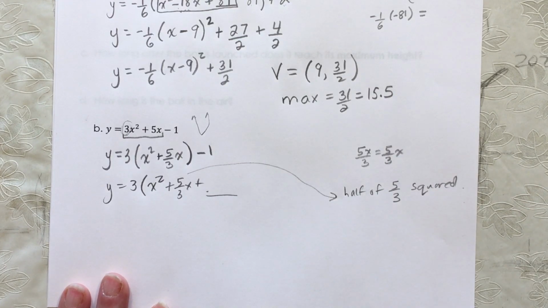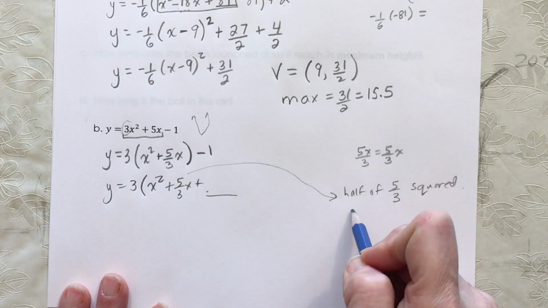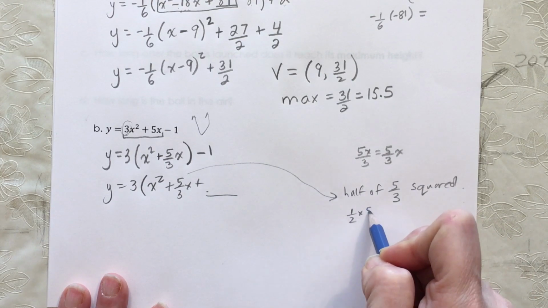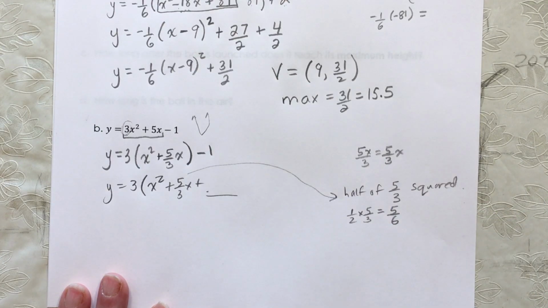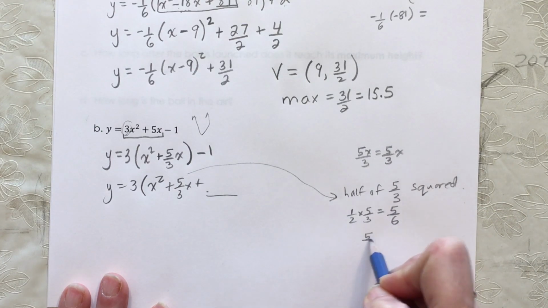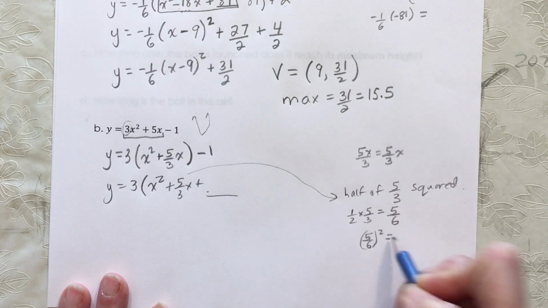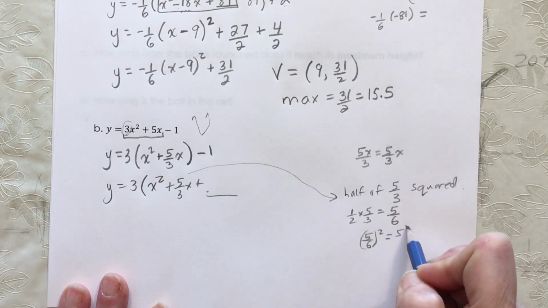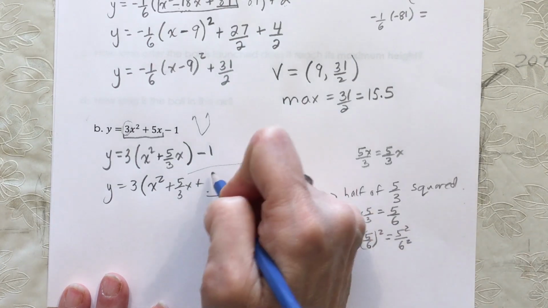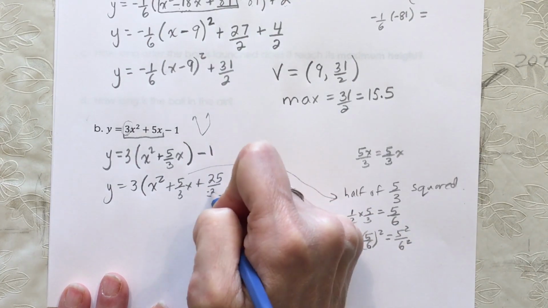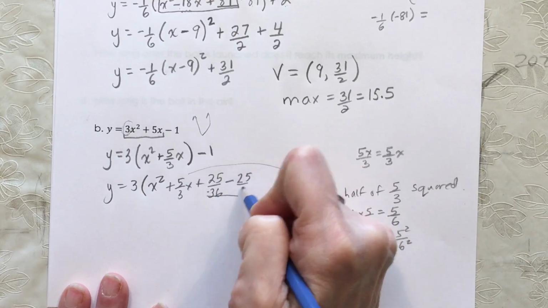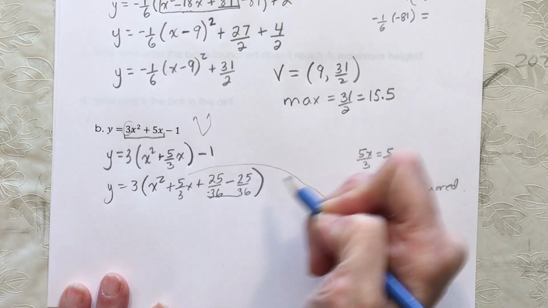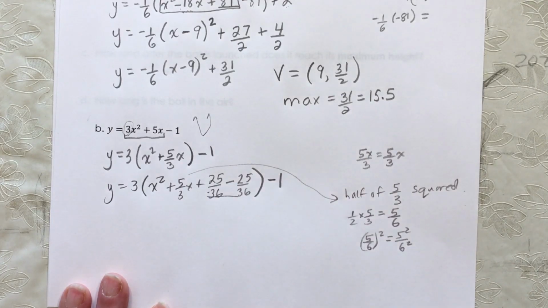Half of 5/3, you could do 5/3 divided by 2, or 1/2 times 5/3, gives you 5/6, but we want to square that. 5/6 squared is 5 squared over 6 squared, or 25 over 36. But we also need to subtract 25 over 36, so that we're really just adding 0, changing what it looks like, not its value.